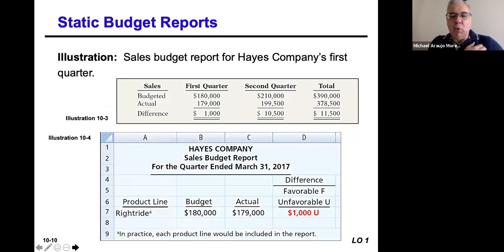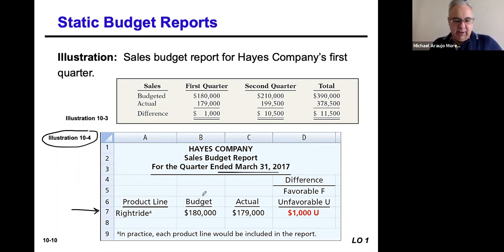Once you put that into a report, this is what it's going to look like. We are going to show the Rightride product line for the first quarter, because this is ending March, and we're assuming a calendar year here.